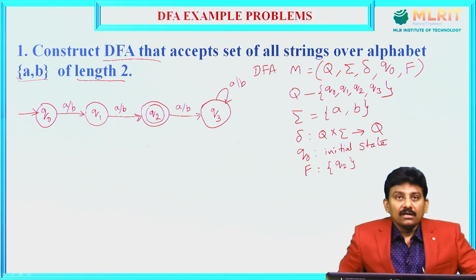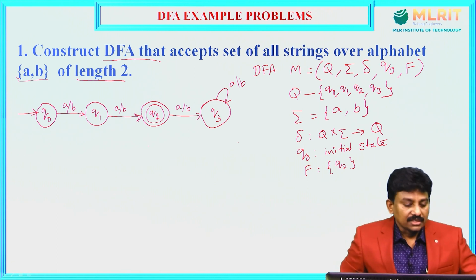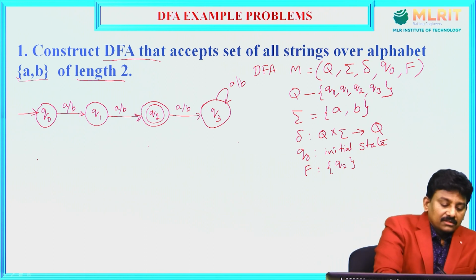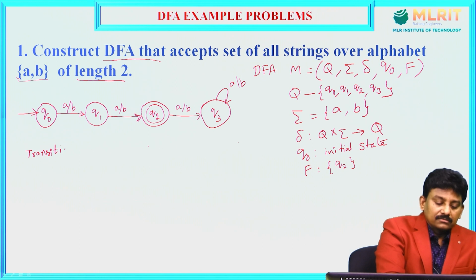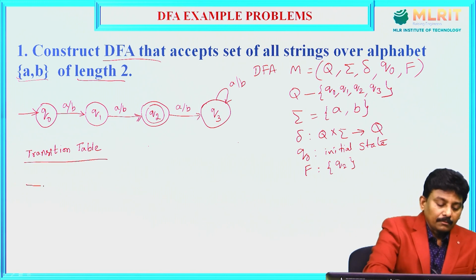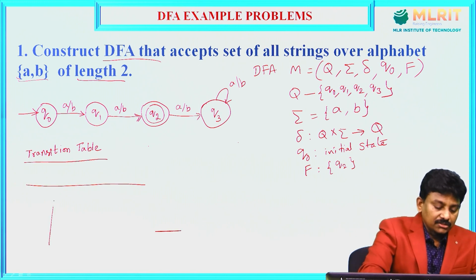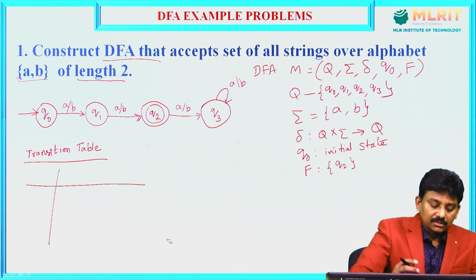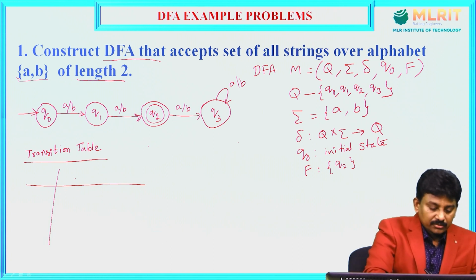Then, after drawing the transition state diagram, now we have to draw the transition table. The transition table contains rows and columns. For each input symbol, one column is defined.